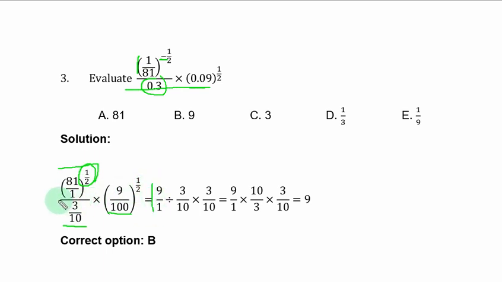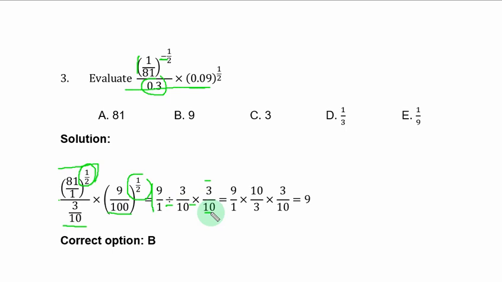So let's change this division line to division sign. So you divide by 3 over 10 times. This power also means square root. Square root of 9 is 3. Square root of 100 is 10.